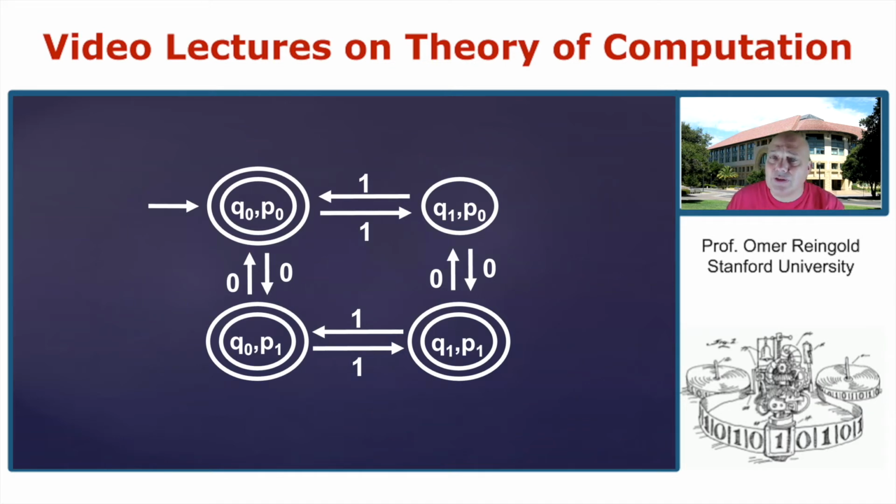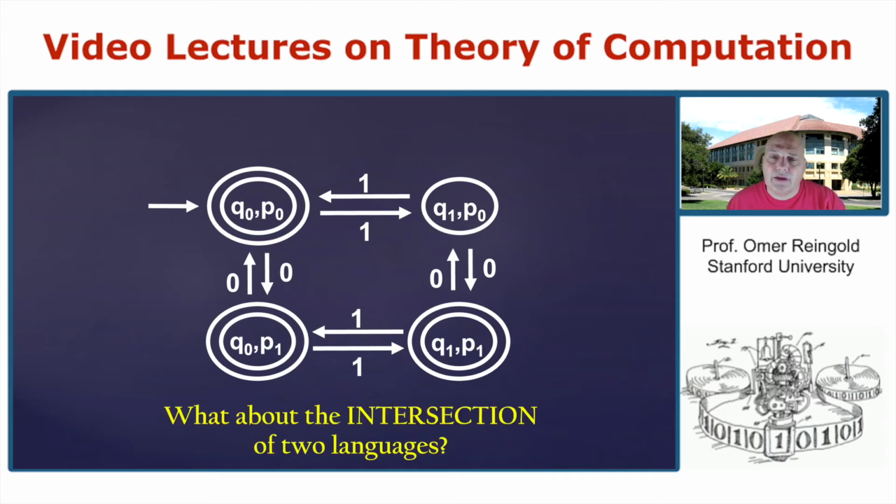And these are the transitions. And you can verify that indeed each one of the transitions corresponds to running in parallel M1 and M2. So this says that the union of two regular languages is regular. Now we want to somehow argue that the intersection of two regular languages is regular. How will we do that? That's almost the same proof.